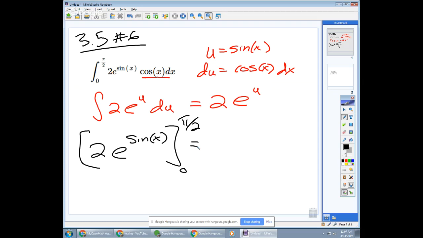So I'm going to get 2 times e to the 1, which is e, and then sine of 0 is 0. e to the 0 is 1. So that would be my answer right there, 2e minus 2.